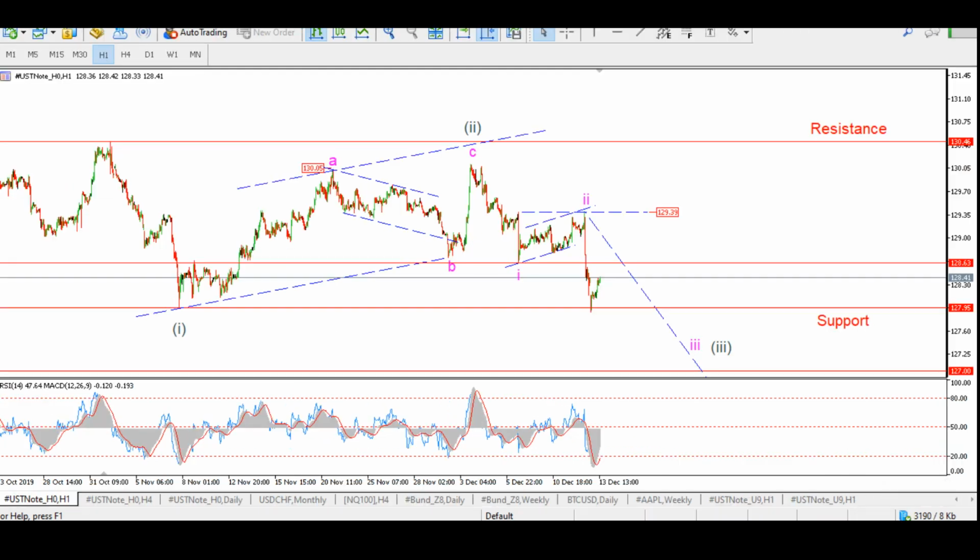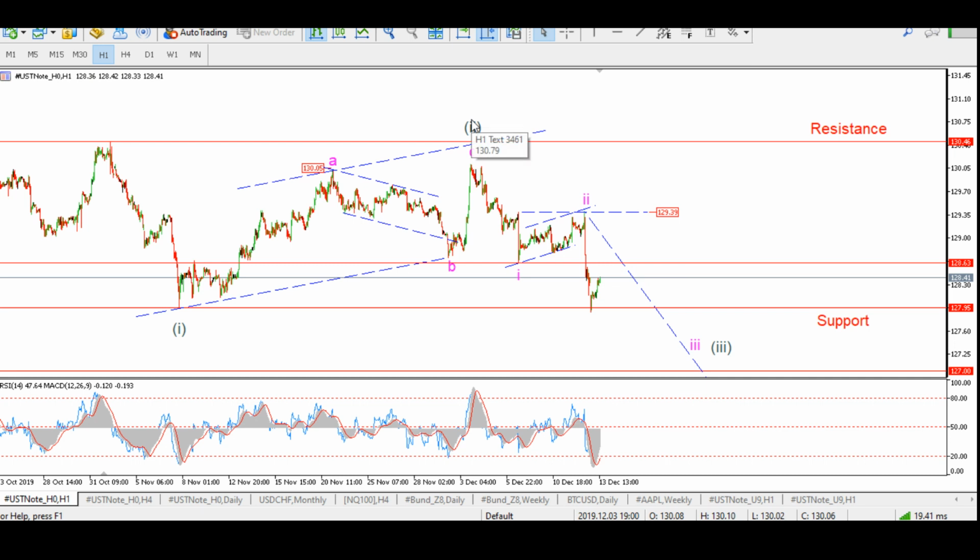Let's get into bonds. This is the early pre-market, so we've got an initial move off that spike lower yesterday. I'm still calling this a 1 and 2 to the downside.